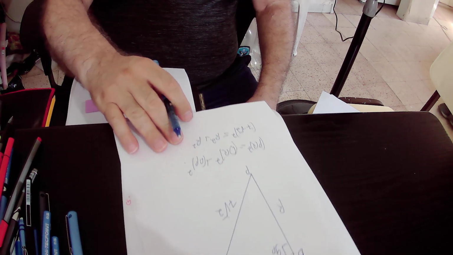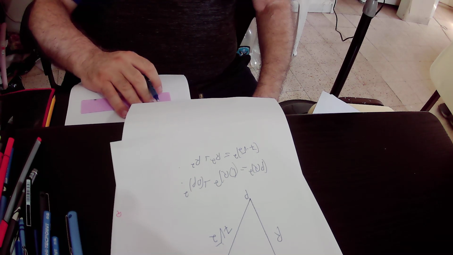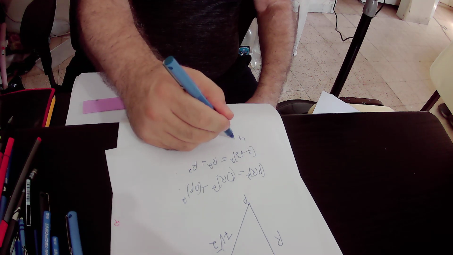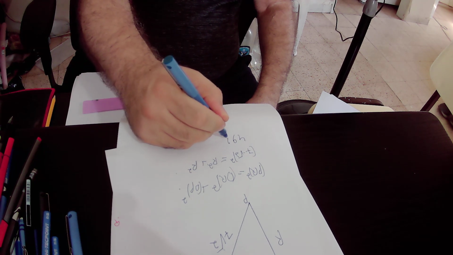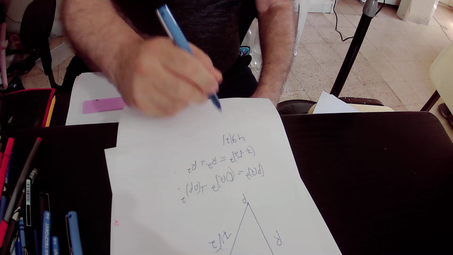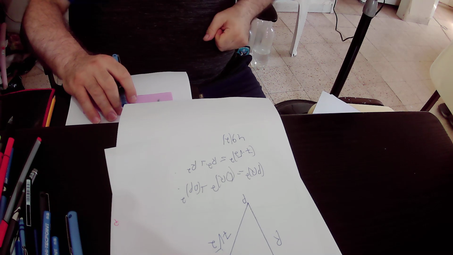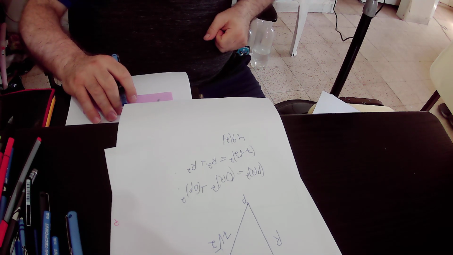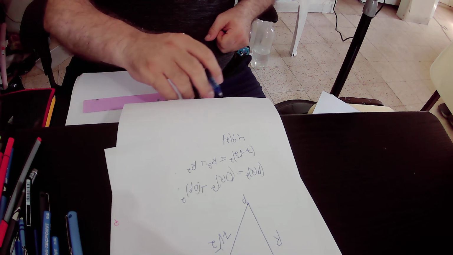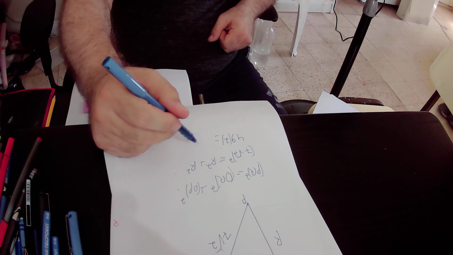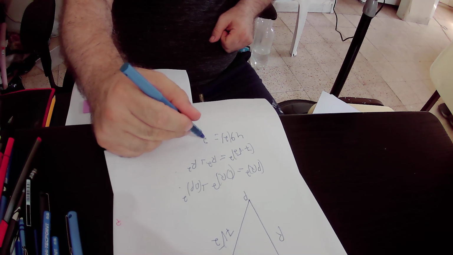And actually 7 times root 2 squared equals 49 times 2, because 7 square equals 49 and root 2 square equals 2. So in total we have 49 times 2 equals R square plus R square equals 2 times R square.